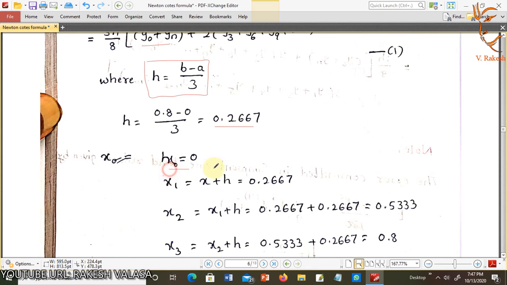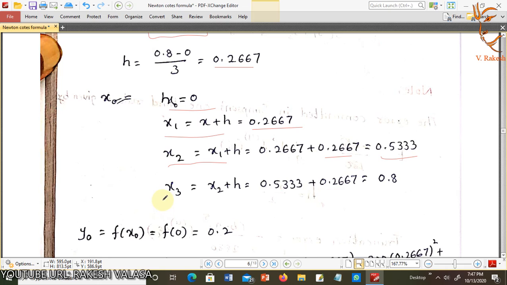Initial value x0 is 0. x1 means x0 plus h, that means 0 plus 0.2667, that value is 0.2667. x2 means previous value plus h, x1 plus h, that means 0.2667 plus 0.2667, the value is 0.5333.